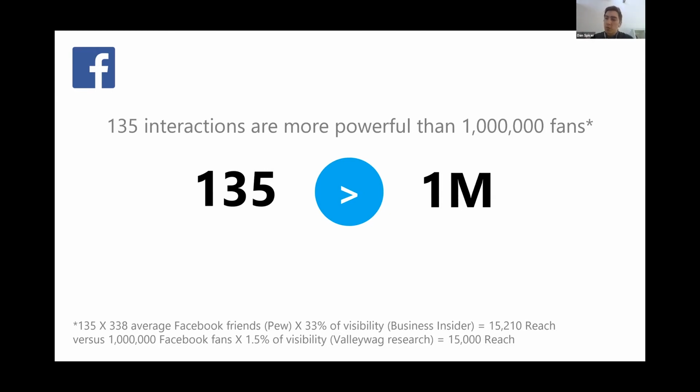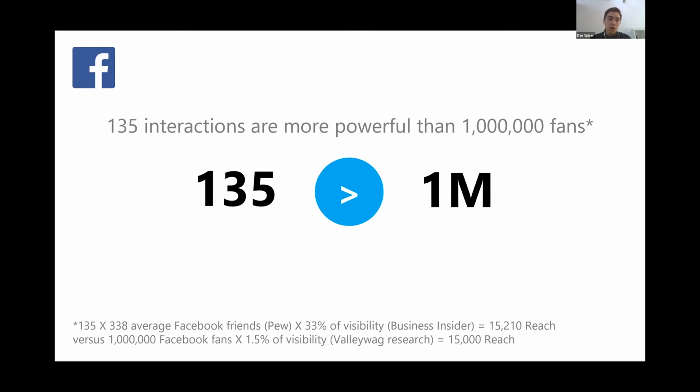As a business, when you post on your Facebook page, you can at a maximum reach 1.5% of your followers, because Facebook is making a decision on how many of your followers it thinks are actually relevant to you, and how much of your content is actually relevant to your followers, and will only show your post to 1.5%.